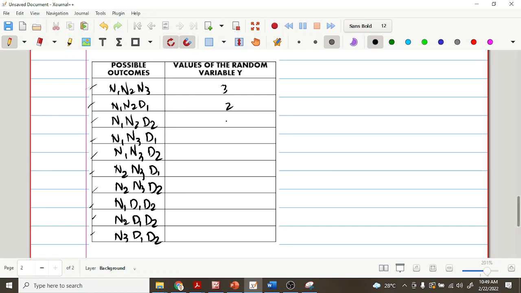We have 2, 2, 2, 2, 2, and 2. And then, ilan si N? Iisa. 1, isa din, at isa din. So, ang possible values ng ating random variable x ay we have 1, 2, and 3. At ang number of elements in sample space ay 10.